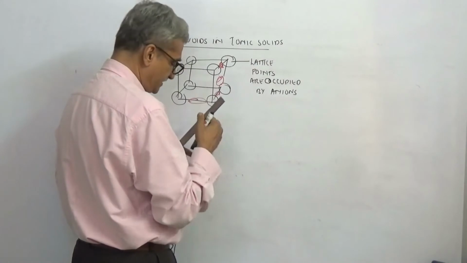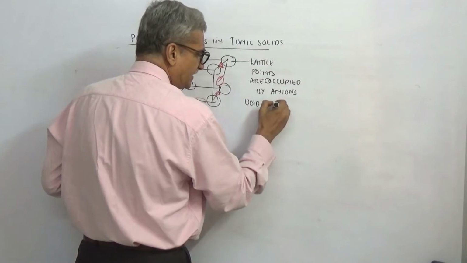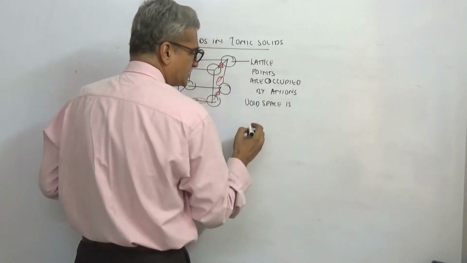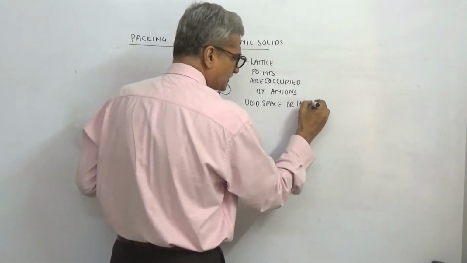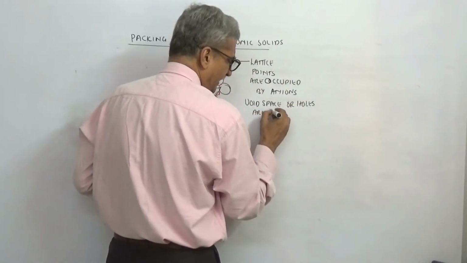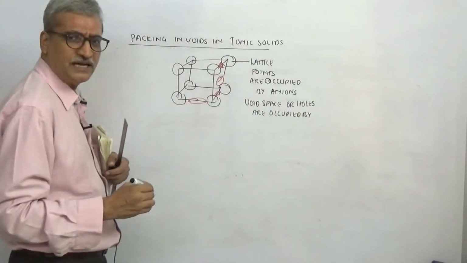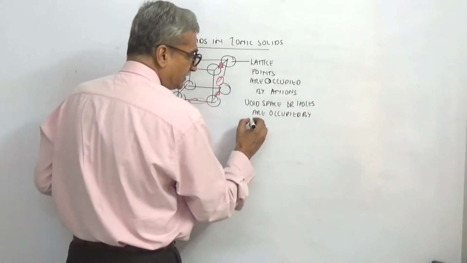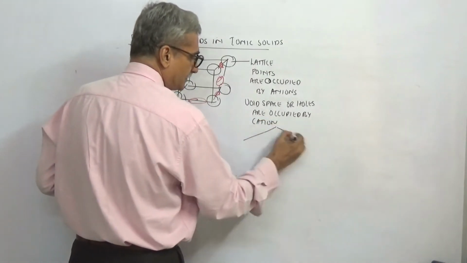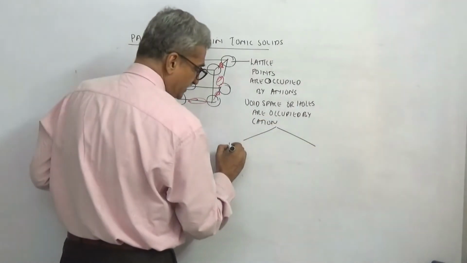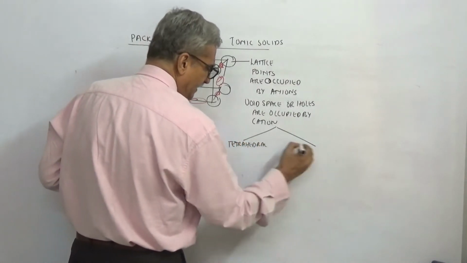Void spaces or holes are occupied by what? They are occupied by cations. So there are two types of holes. Which are the two types of voids we have? We have tetrahedral and octahedral.